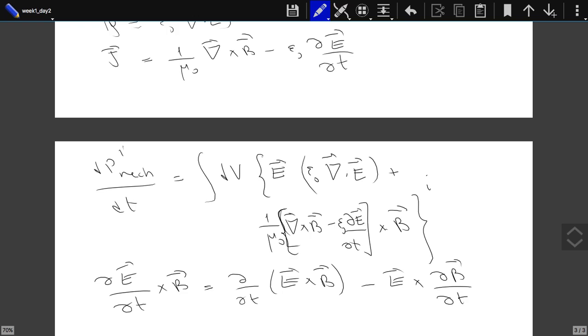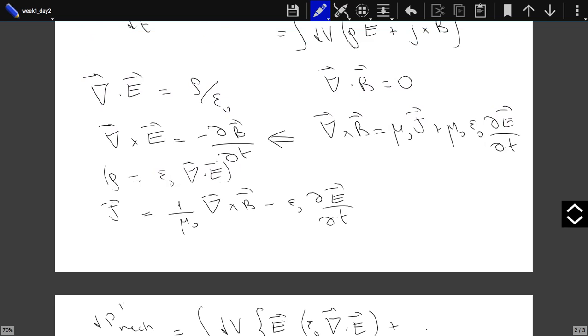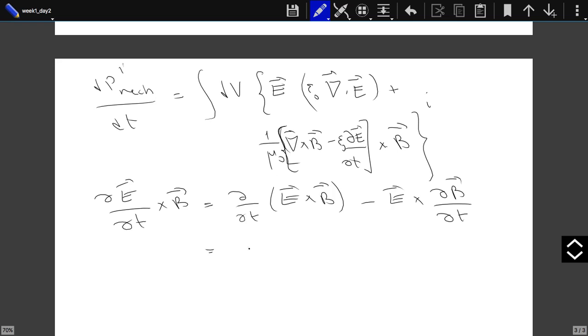But keep in mind, this time derivative we can write in terms of an expression that doesn't involve the time derivative. The time derivative of B is nothing but the curl of E. So this is equal to del by del t of E cross B plus E cross curl of E. So we have a part that has the time derivative.